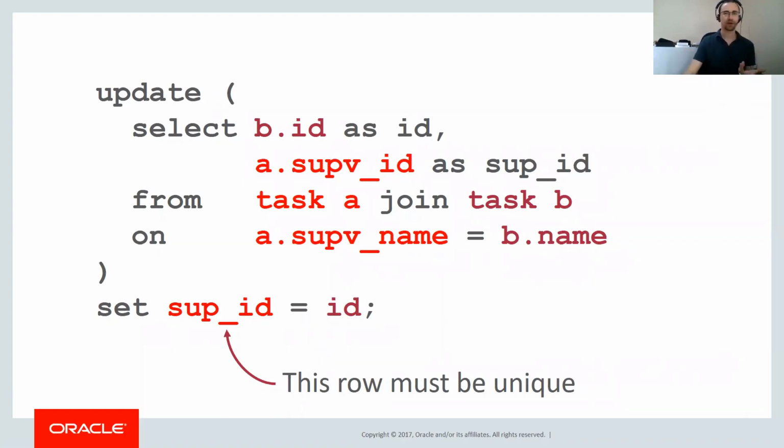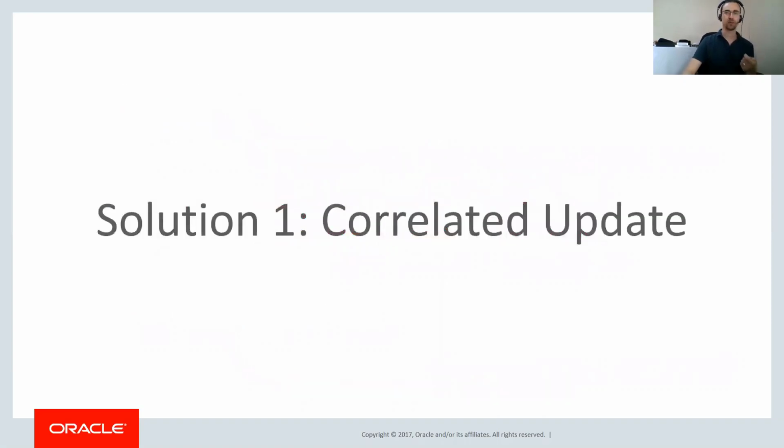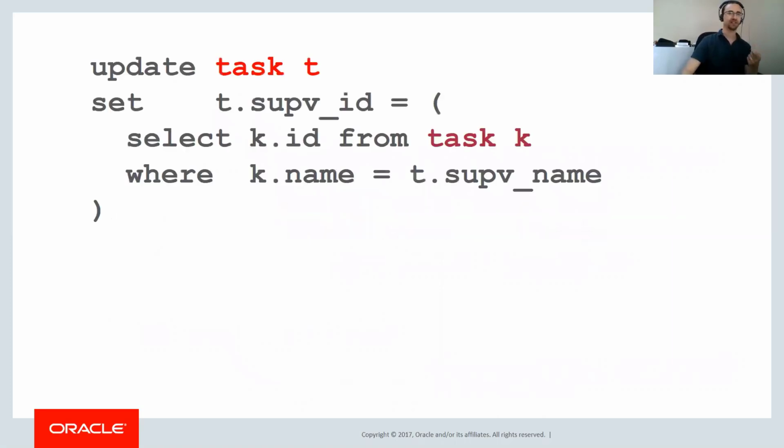So what can we do about it? Well, the first technique we can use is a correlated update. Rather than have our join within the update statement like this, we can have a subquery. So we have the update statement and then set the value in a subquery like this. We find the name of the supervisor like this. But there's a problem if we just run the update as shown.